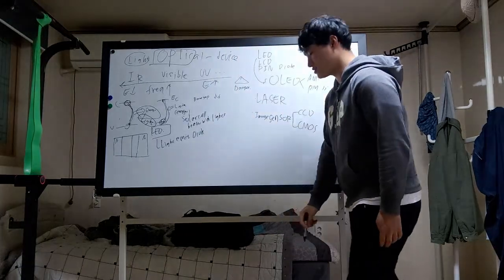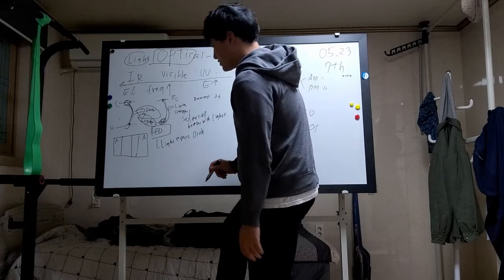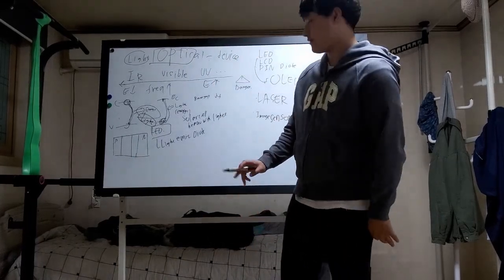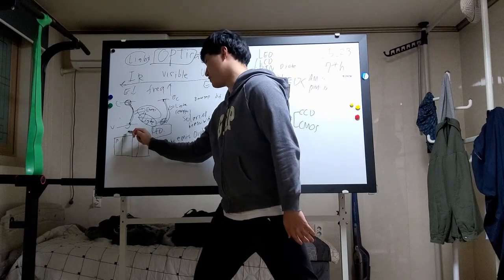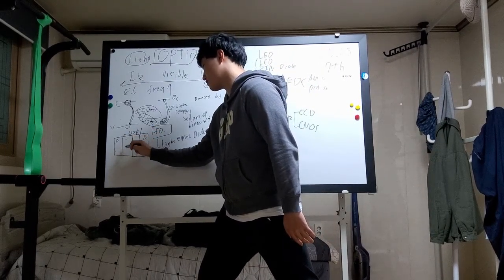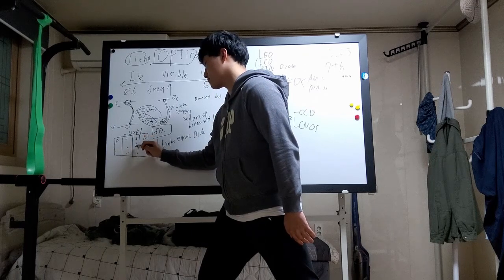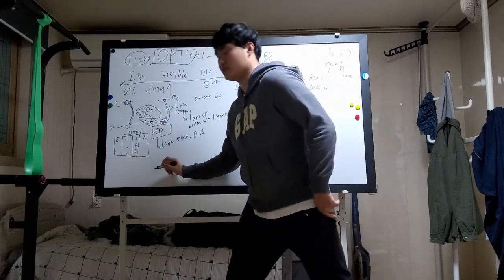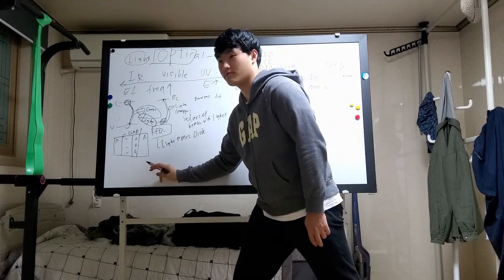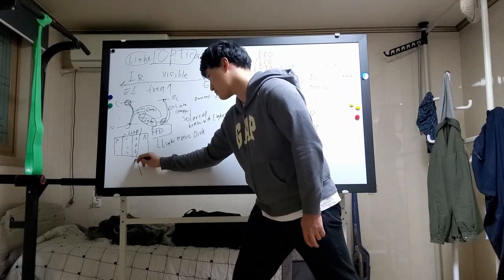Okay, for more details, see there is P and N-type silicon, and this is the depletion region. Let's say we take a beam of light to the PN junction diode here.